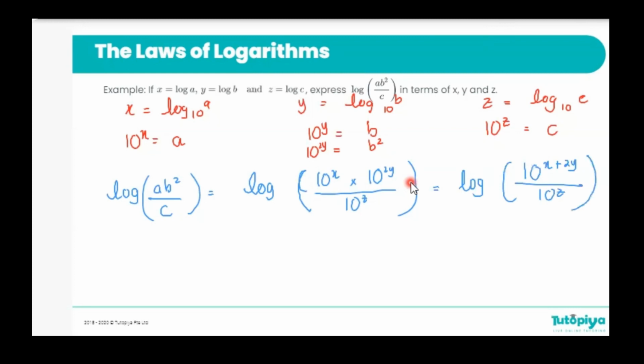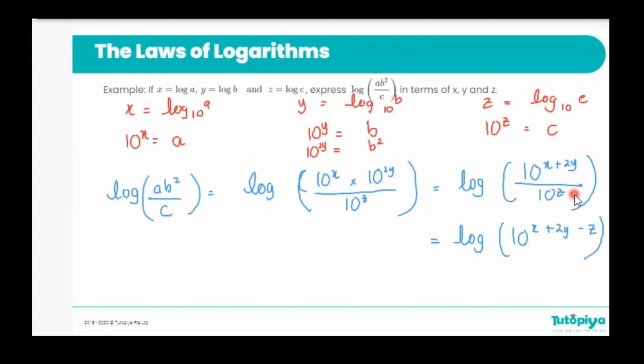Then again, using my laws, when we divide, if their bases are the same, we can just subtract the powers. So this would be equal to the log of 10 to the power x plus 2y minus z. There we go.